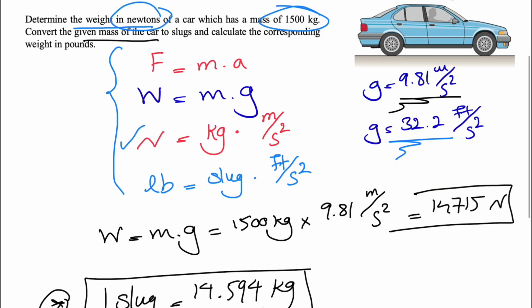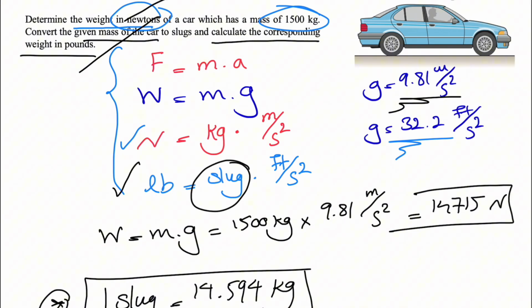So let's get back to the question. This part we found, and at the last part of this question we need to calculate the corresponding weight in pounds. So this one is referring to this one. We need the mass in slug.